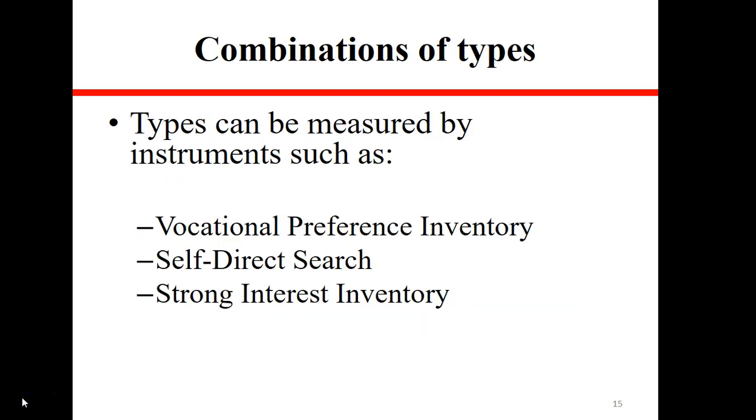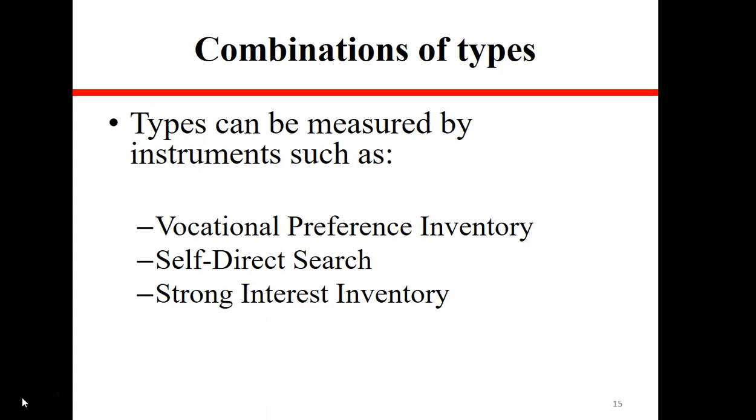So there are many ways to measure the preferences and come up with the 3-letter code to combine the types. And there are 3 instruments listed here: the vocational preference inventory, the self-directed search, and the strong interest inventory.